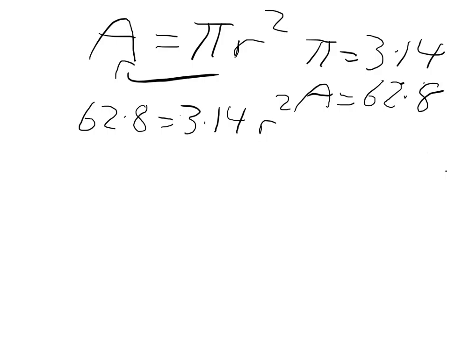So we have a first step this time that we have to do before we go further: you have to isolate this r squared. So it's not 3.14 r squared, but just r squared is something. The way we do that is just what you did earlier. Sometimes when the numbers are bigger and more complex, it's harder to think of it.